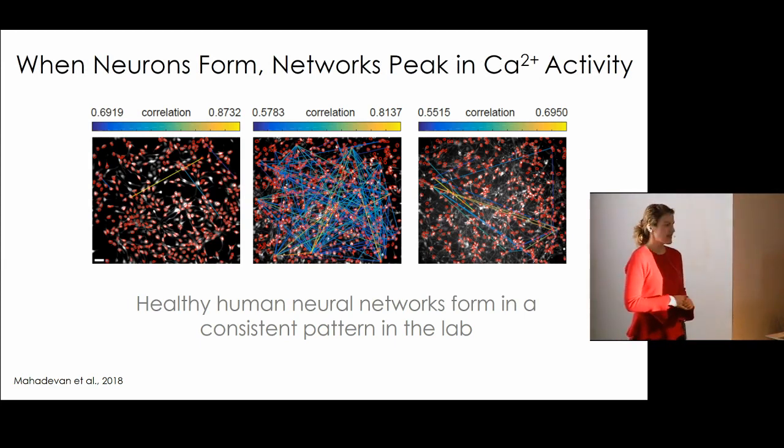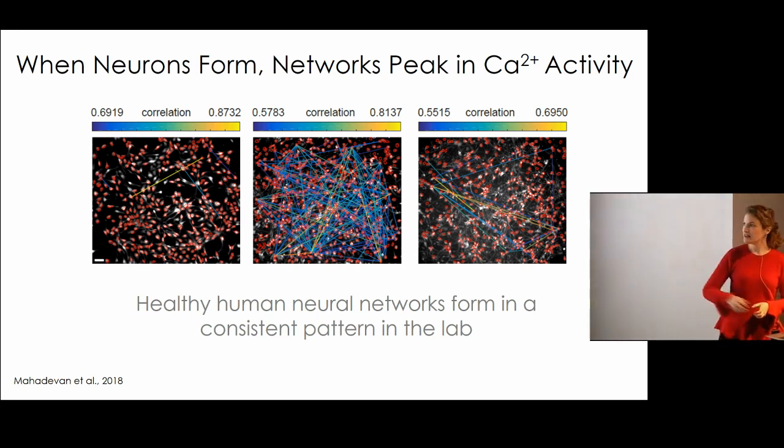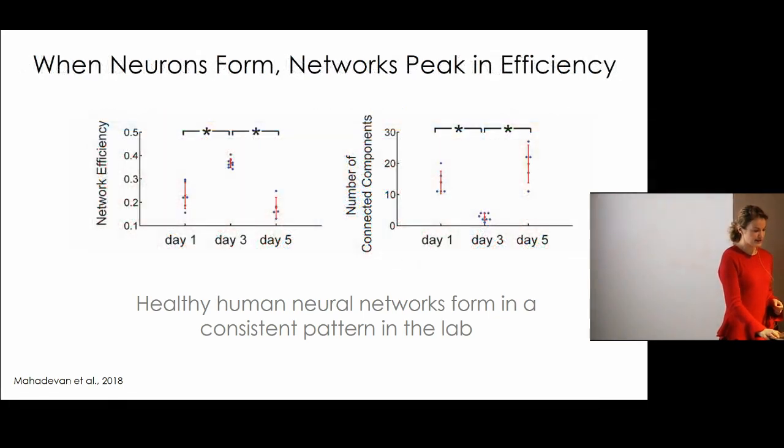So from the calcium analysis, originally our hypothesis was the cells are going to get more and more active as they become more like neurons or more mature neurons. But that's not the case by this particular functional assay. In the midpoint, when their network efficiency is highest, they also have the highest number of active and correlated cells.